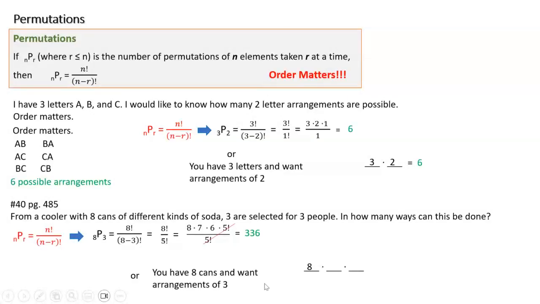Say one of the sodas was selected, then only 7 are left for the second person. Then there are 6 left for the third person, because say this was a Coke and a Pepsi, and there are 6 other different ones. So it's going to be 8 times 7 times 6. And if you notice, that's what we have here in the permutation. You can do it either way. The answer is 336.